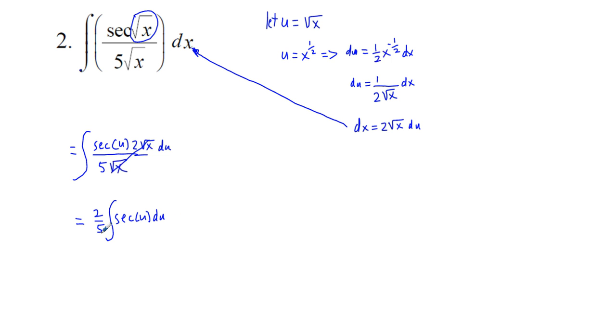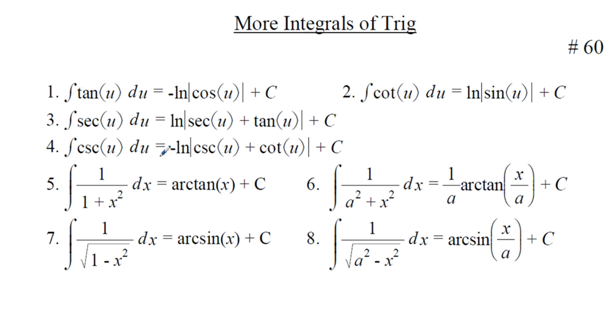And now what we can do is go to our integral of secant u du, and this is what we have here. We're just going to plug that in and resubstitute.